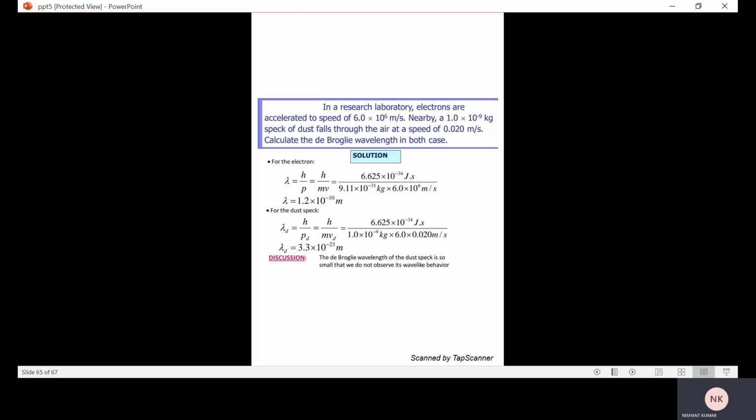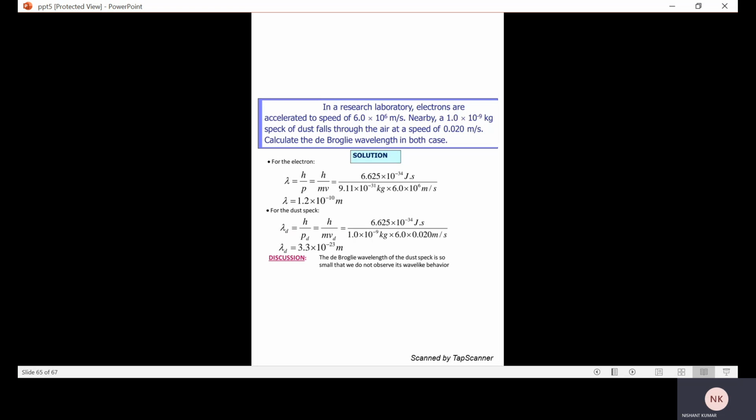Calculate the de Broglie wavelength in both cases. In the first case, we can write lambda equal to h by p, where p is the momentum, equal to mass times velocity, and we can put in the numerical values of h, m and v. So we find lambda is equal to 1.2 times 10 to the power minus 10 meter.